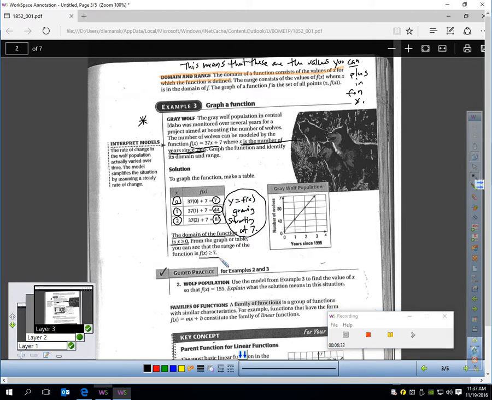Well, that's what this says: f of x is equal to or greater than 7. That's my range. And then I can graph it. So really, other than the symbolism being different, you've done these problems all chapter. It's just instead of using y, we're going to use the symbolism f of x. That's function notation.